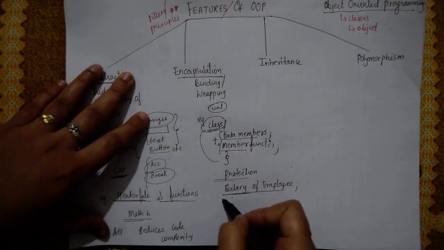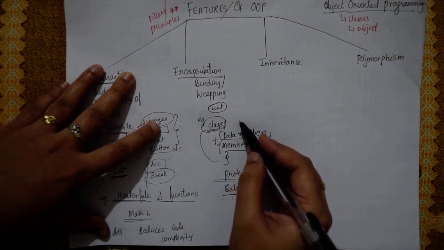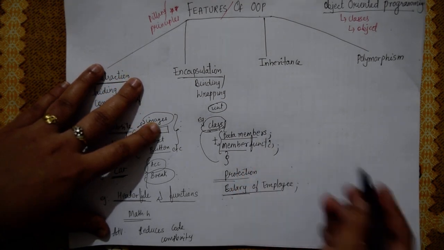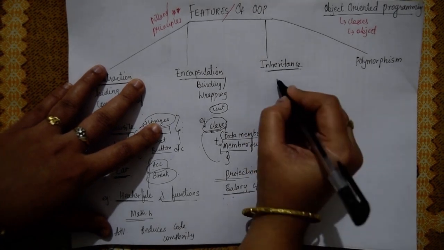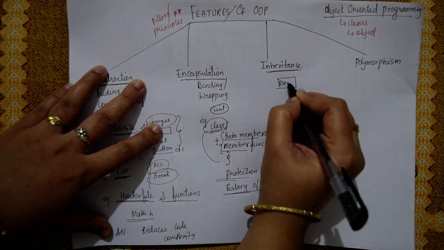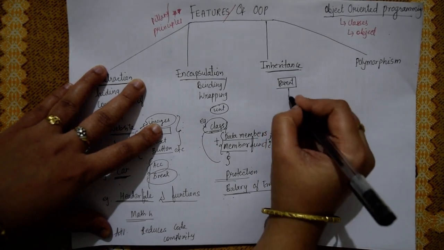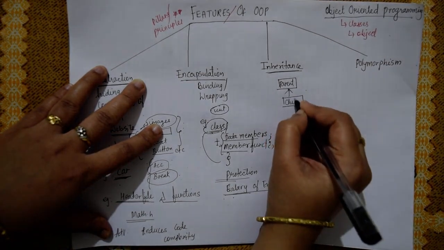Okay, then next is inheritance. Inheritance is, suppose, we have some inherited properties or inherited characteristics from our parent, correct?